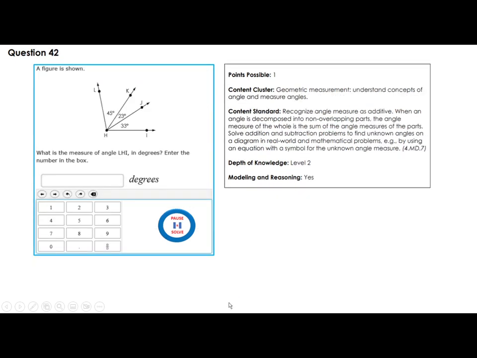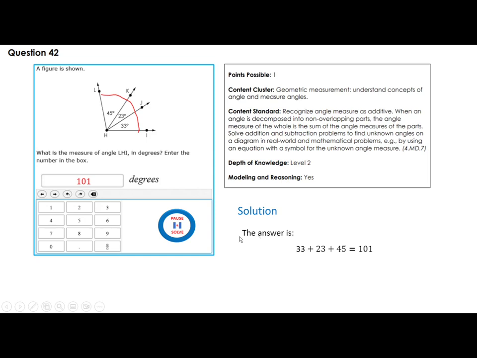I think this is the last question. Again, that is really straightforward. What is the measure of angle LHI? LHI, the whole thing, the whole thing. So you just add these three together, okay? Is 101.